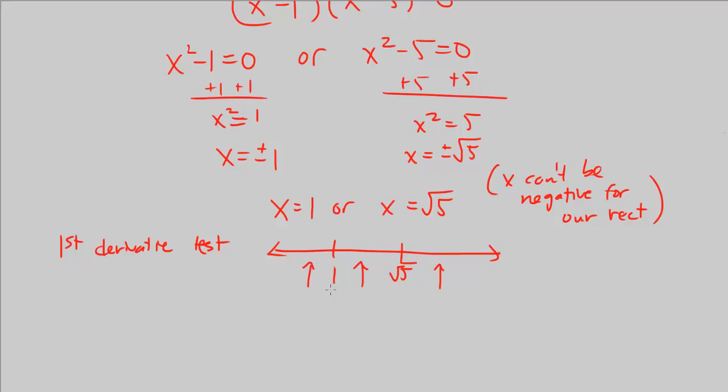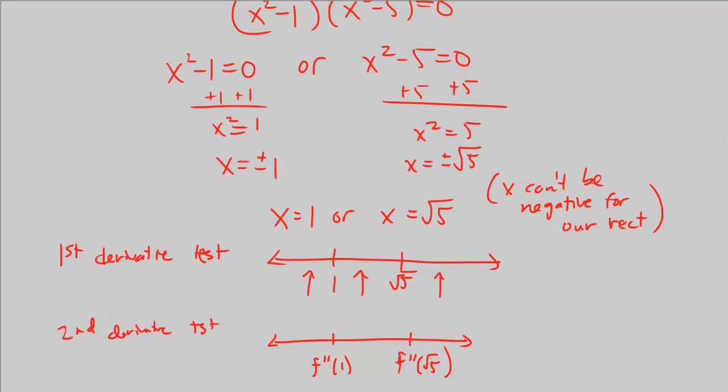Or we could use the second derivative test and look at f double prime of 1 and f double prime of square root of 5. They're all the same. I'm going to do the first derivative test just for fun.